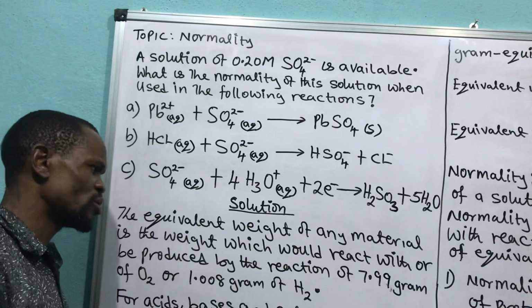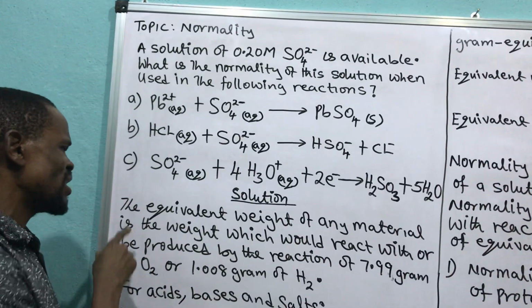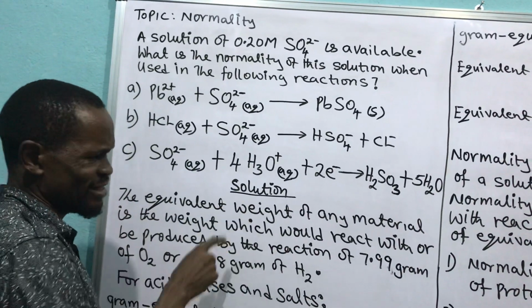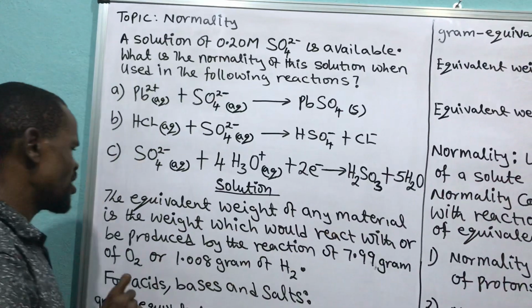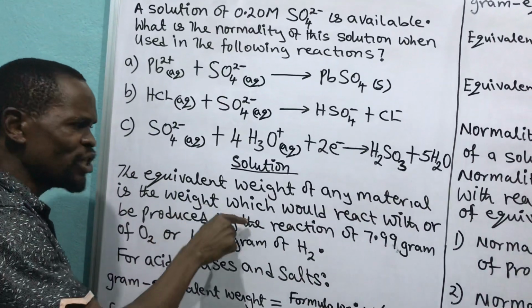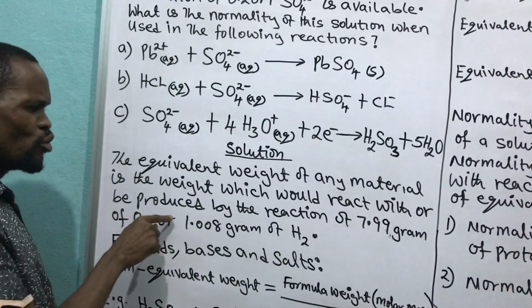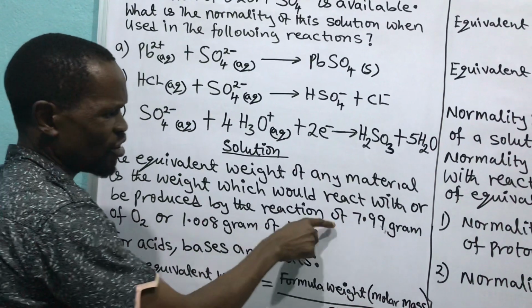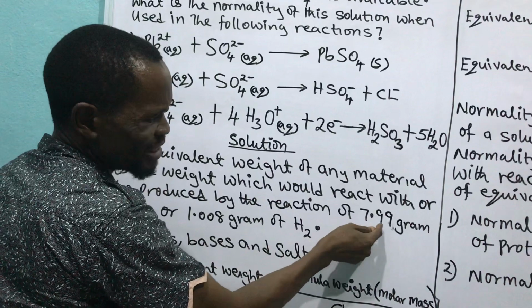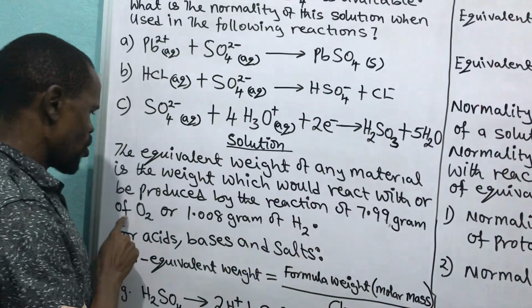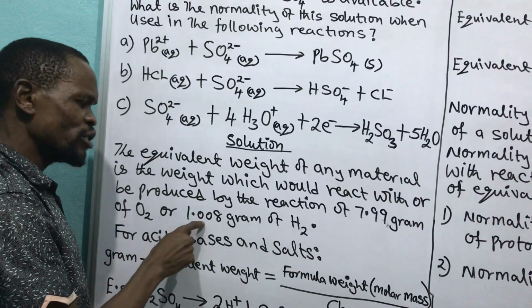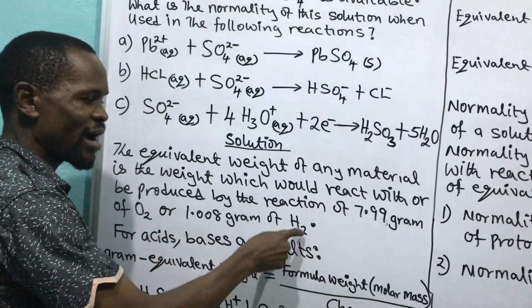Looking at this parameter, we said the equivalent weight of any material is the weight which would react with or be produced by the reaction of 7.99 gram of oxygen or 1.008 gram of hydrogen.